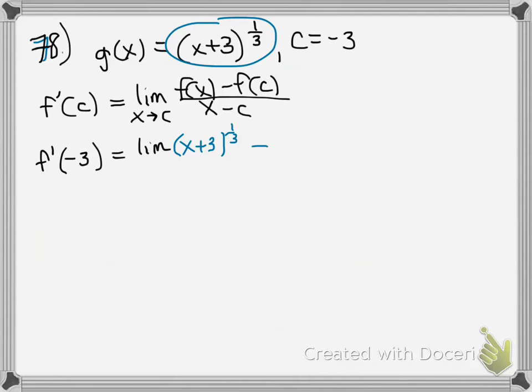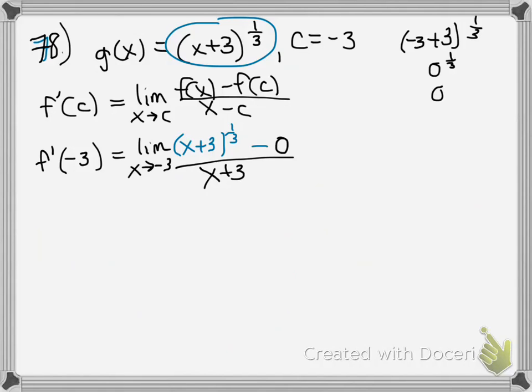Well, f of c is going to be f of negative 3, so I'm going to get negative 3 plus 3 raised to the 1/3 power. That's just 0 to the 1/3, which is 0, so minus 0 all over x minus a negative 3, which is going to be plus 3 as x approaches negative 3.